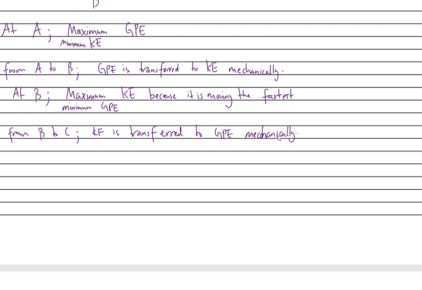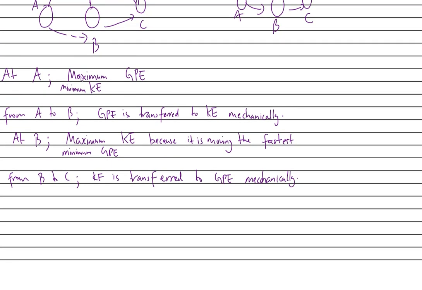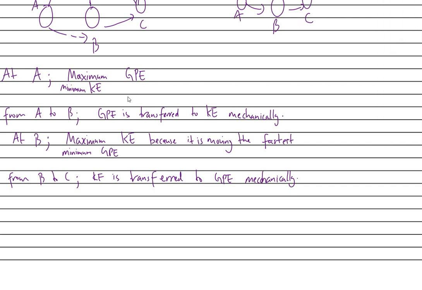So what we've done here is maximum GPE at A, minimum at B, and so on and so forth. Now we're going to add a little bit more detail. Maximum GPE at A, because it is at the highest point.